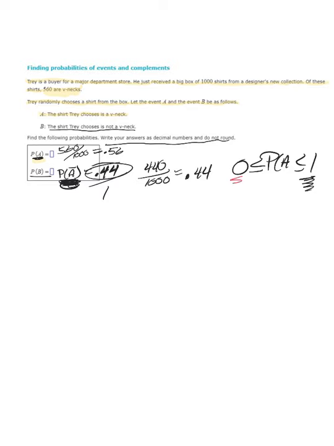If it's a probability of 0, we know for sure it's not going to happen. So if you ever work a problem and you say the probability is 1.4, well, you know that can't be right because that probability is over 1. So just know probabilities have to be between 0 and 1.